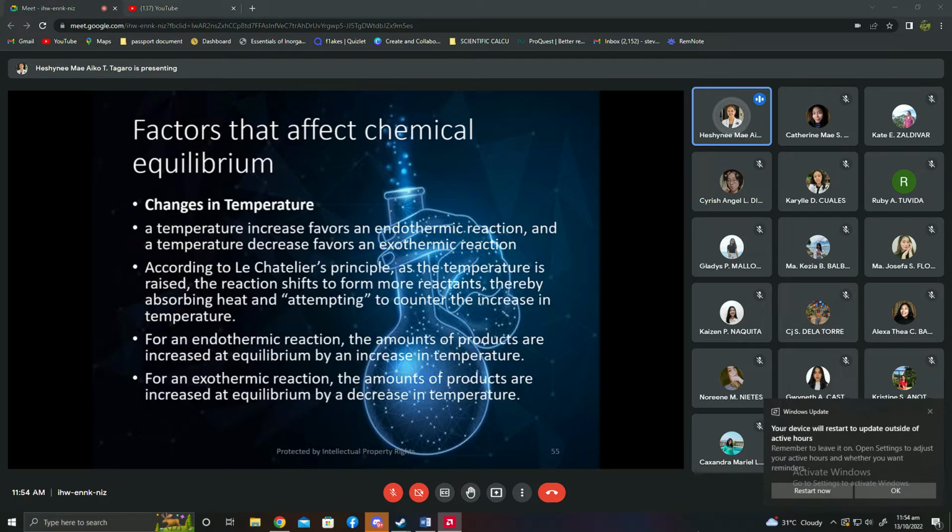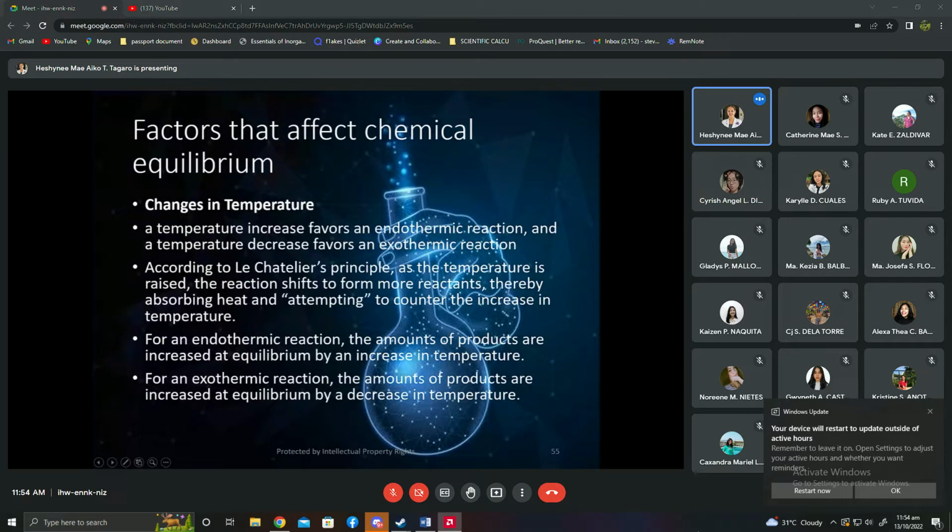So for an endothermic reaction, the amounts of products are increased at equilibrium by an increase in temperature. So that is written here.